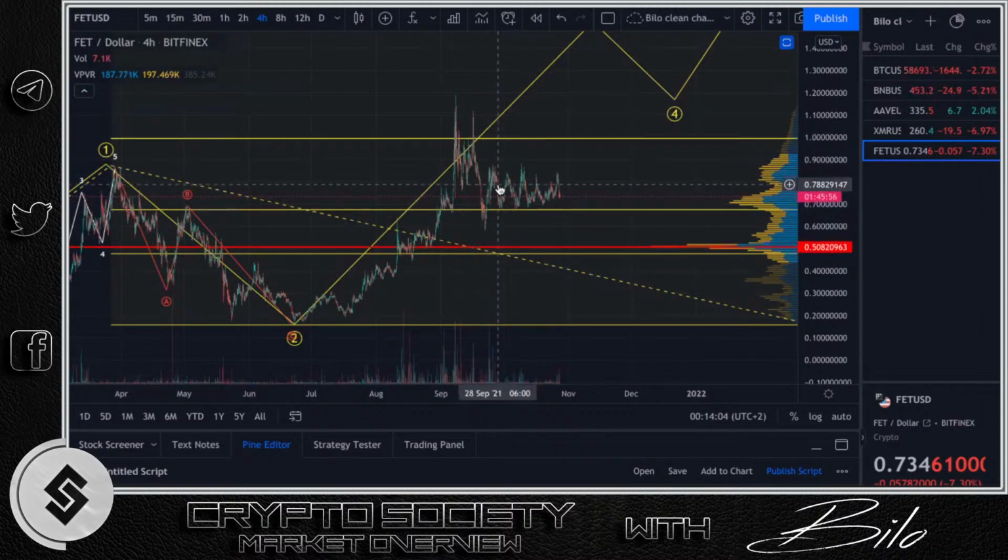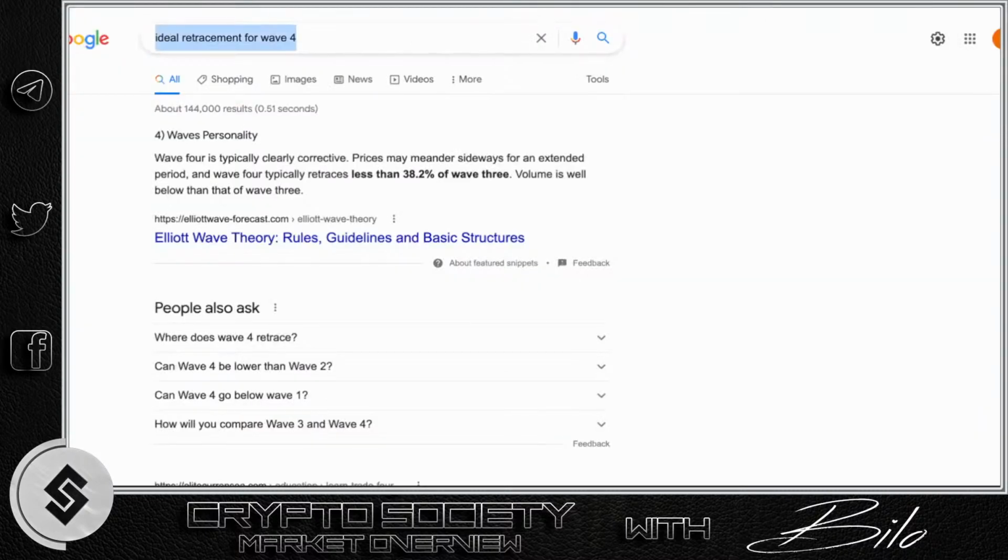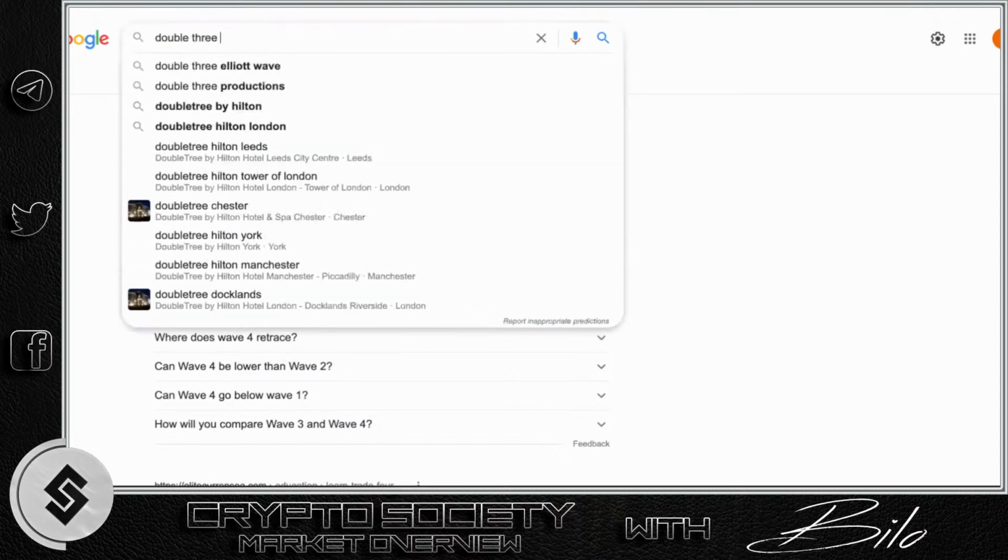Don't even ask me to try to explain it to you because I can't. But what you're seeing here is the most complicated type of correction, alternatively also known as accumulation.